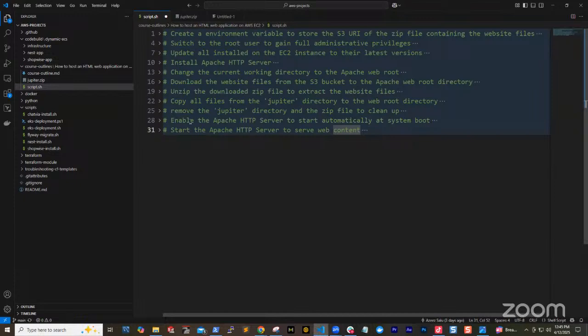Then once I unzip it, I need to copy all the files out of the unzipped version into my HTML directory. Then I need to remove the file I downloaded. And once I do that, I need to start my EC2 instance. So this is where your script starts from. You have to write what you are trying to do.